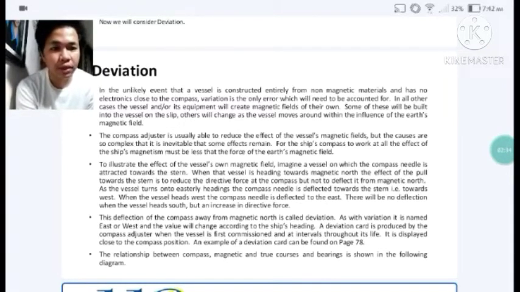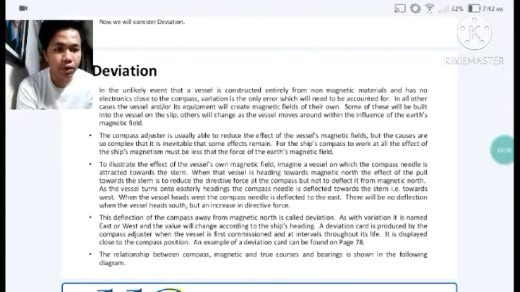Some of these will be built into the vessel on the slip. Others will change as the vessel moves around within the influence of the Earth's magnetic field. The compass adjuster is usually able to reduce the effect of the vessel's magnetic fields, but the causes are so complex that it is inevitable that some effects remain.